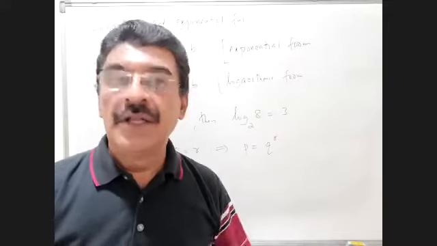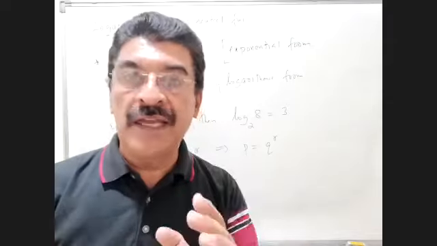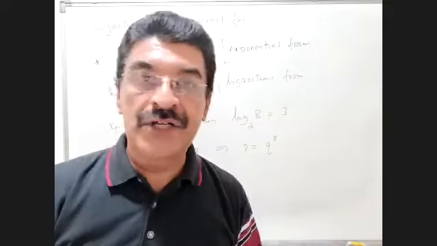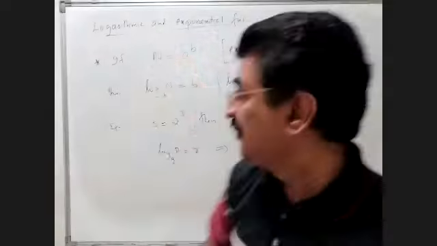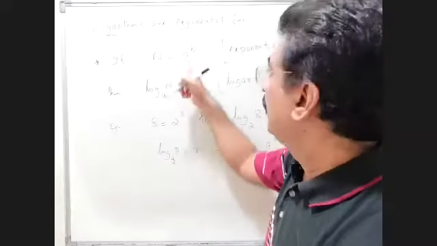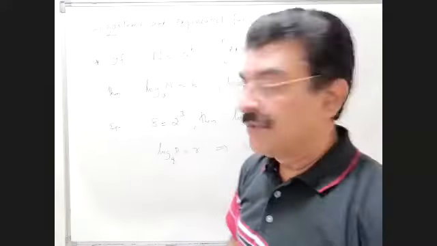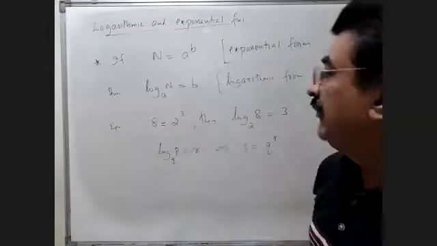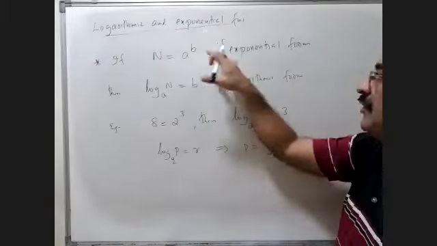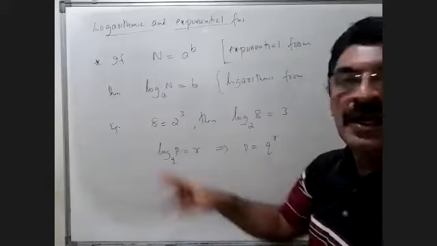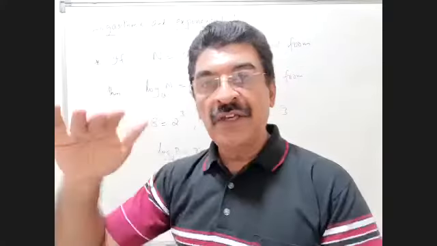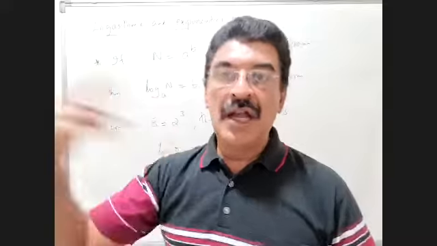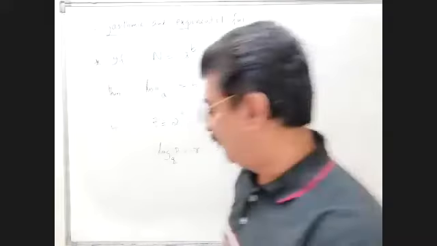So the base remains the same for both the logarithmic function and the exponential function. N is equal to a raised to b, log N to the base a is b. These are two different forms, exponential form and logarithmic form, and this is how to convert between them. Next one.